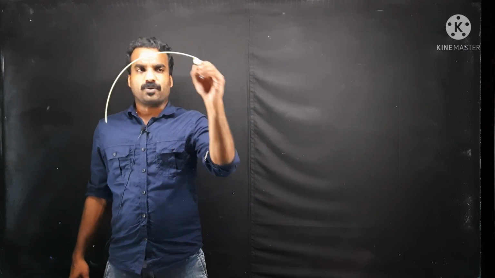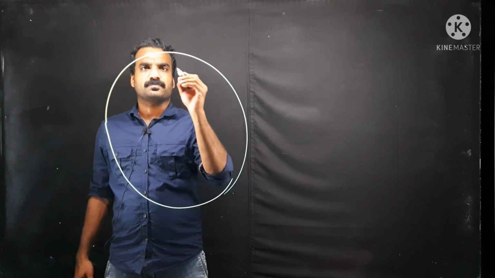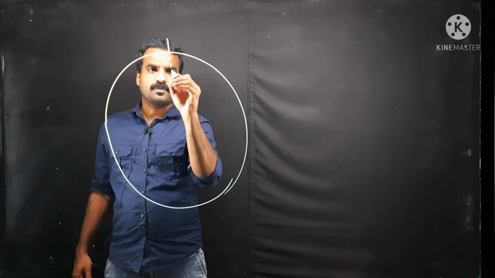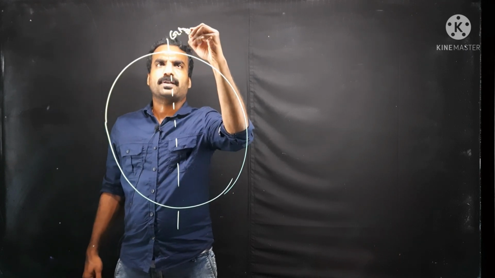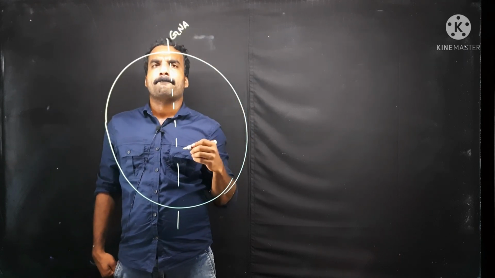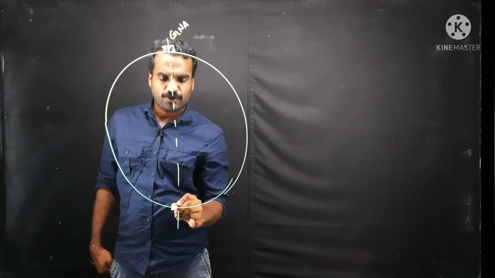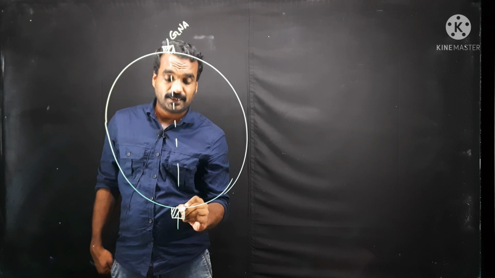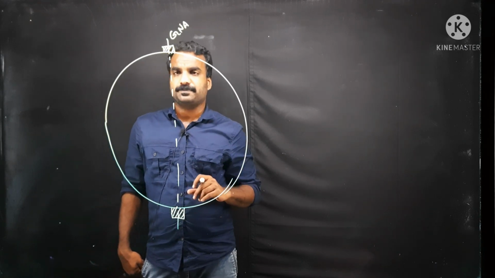So we can draw it. This is the geometrical neutral axis, where we generally place the brush, because the brush should be on the neutral axis, otherwise sparking may happen at the commutation period.